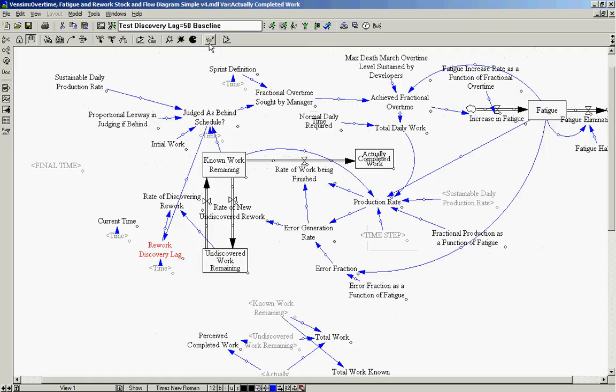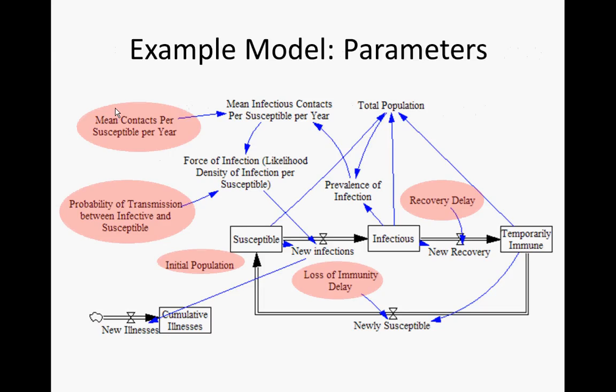We might have some specification of the normal amount of daily time that's required for people, say as measured in some unit, or maybe it could be measured in hours per day. What's the sustainable daily production rate, etc. These might be quantitative assumptions in the form of values that we'd introduce into the model.